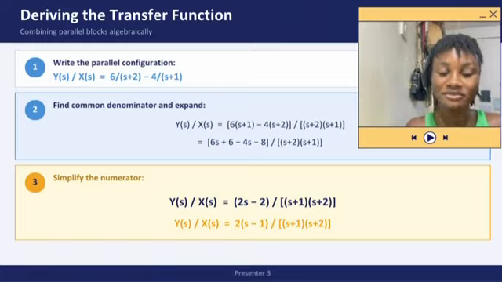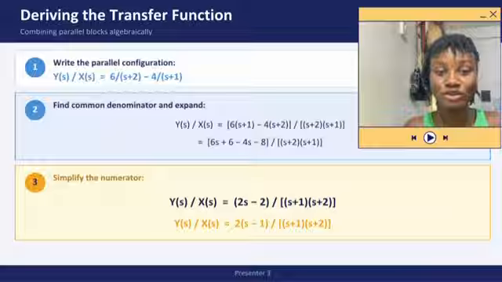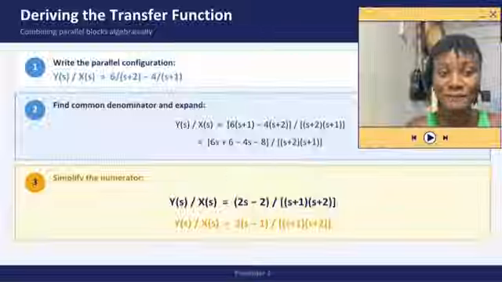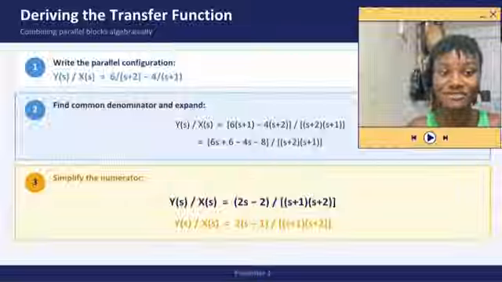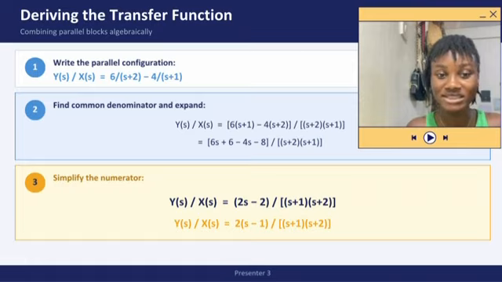So our final simplified transfer function now becomes Y(s)/X(s) equal to 2(s-1) divided by (s+1)(s+2). So this is the factored form, which makes it very easy to identify the zeros and the poles, which my next colleague would be doing for us.